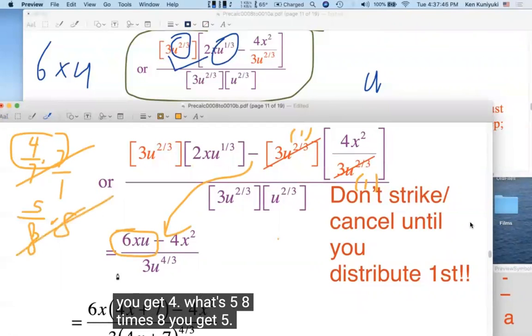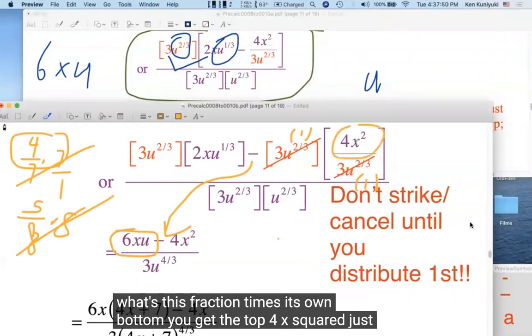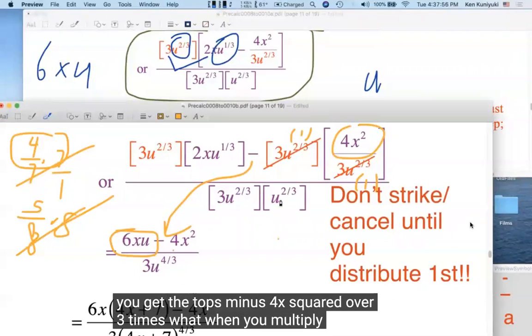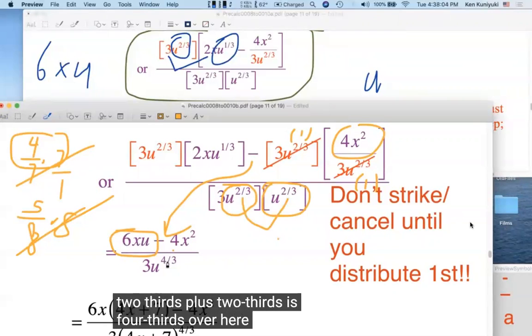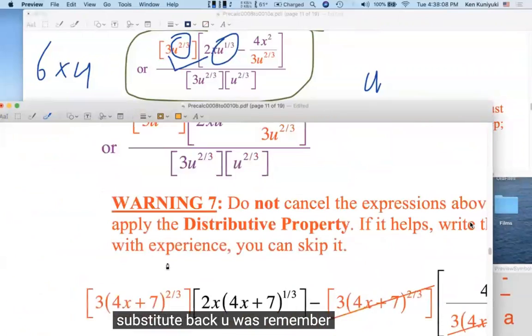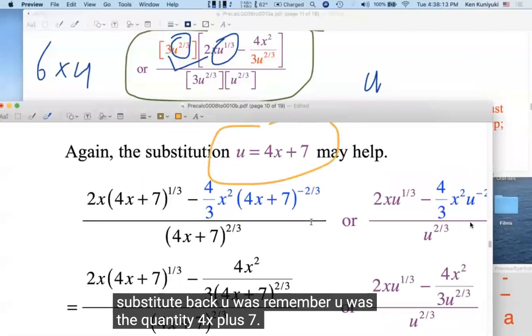You get 5. What's this fraction times its own bottom? You get the top, 4x squared, just like over here. You get the tops. Minus 4x squared over 3 times what? When you multiply powers of u, what do you do to the exponents? You add them. 2/3 plus 2/3 is 4/3 over here. Substitute back. u was, remember, the quantity 4x plus 7.